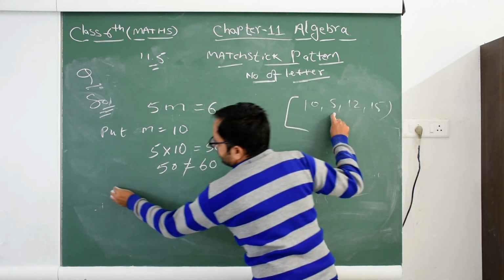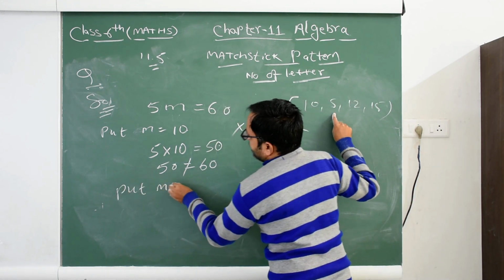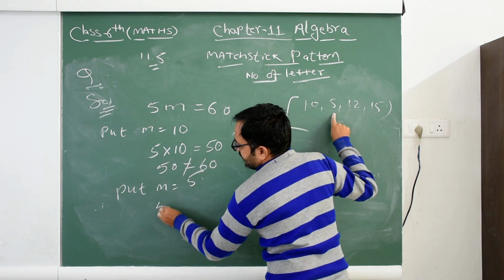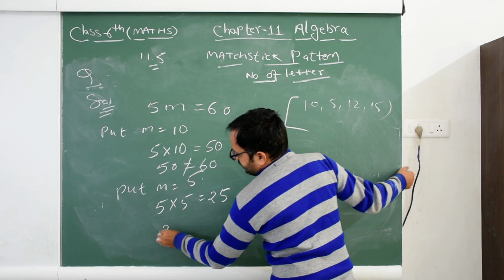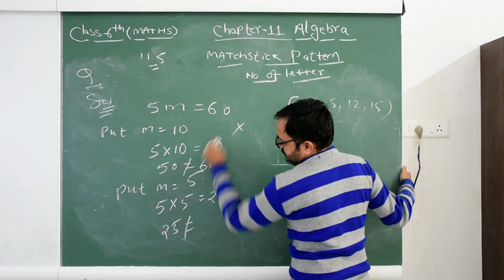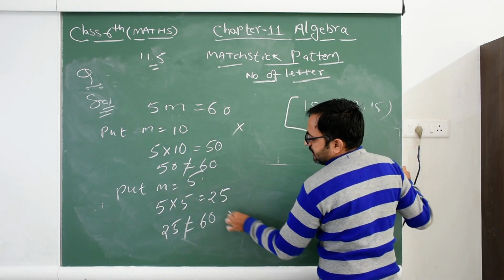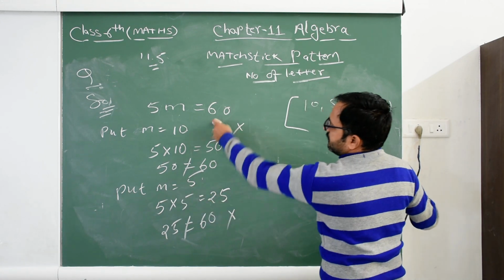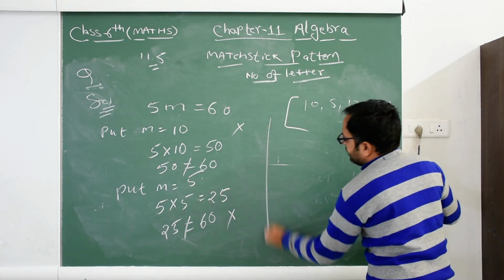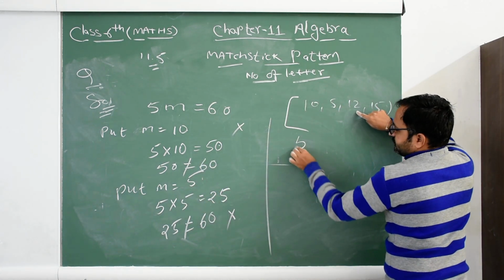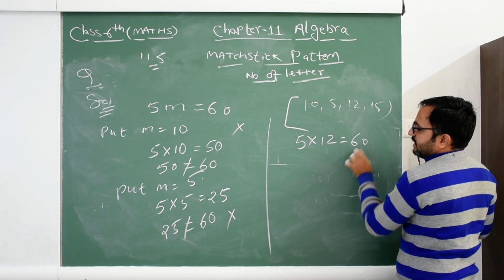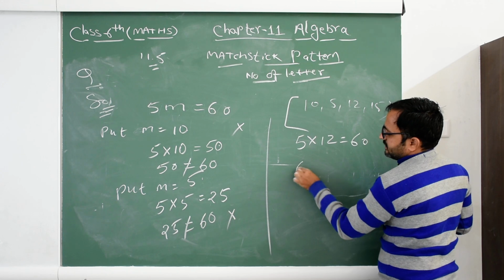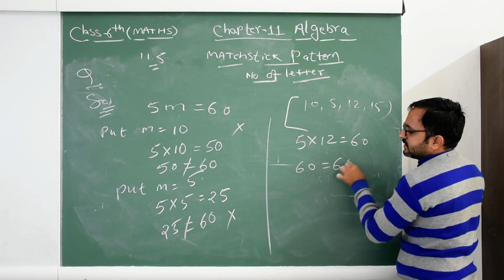Now we put m equal to 5. 5 into 5, we get 25. Again 25 is not equal to 60, so m equal to 5 does not satisfy this equation. Now we put m equal to 12. 12 fives are 60, and 60 is equal to 60.